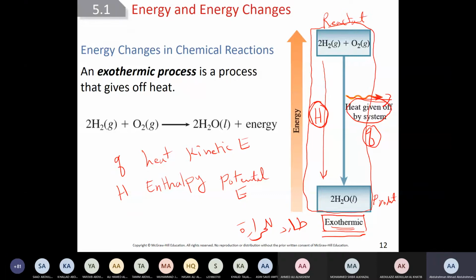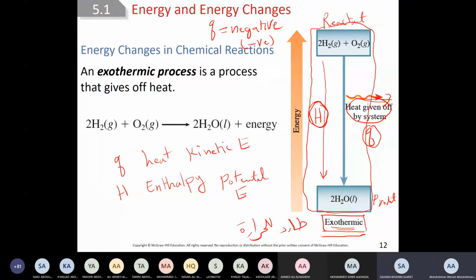What will be the value of Q in this case? Negative. Why? Because it's coming out from the system to the surrounding. We lose.